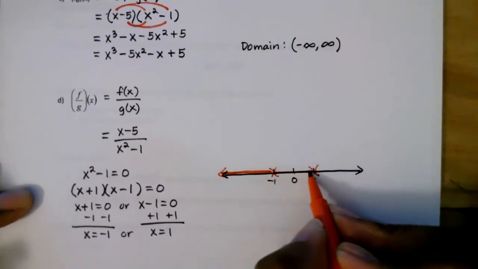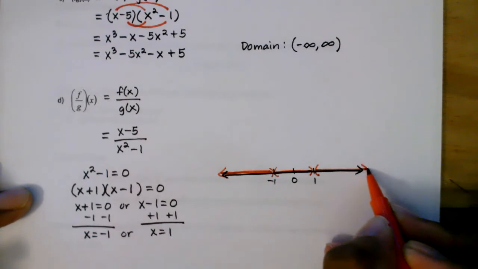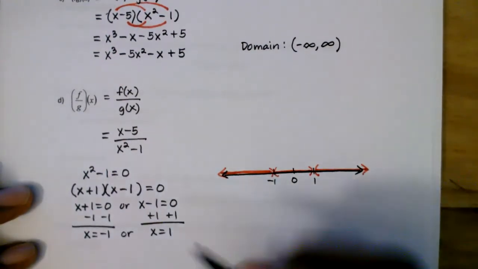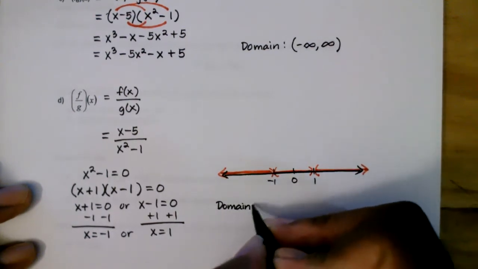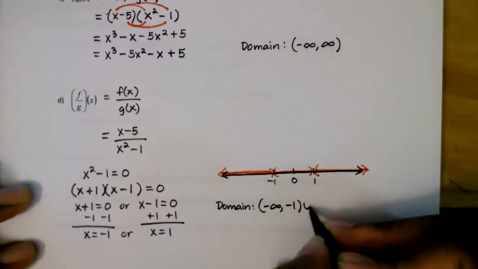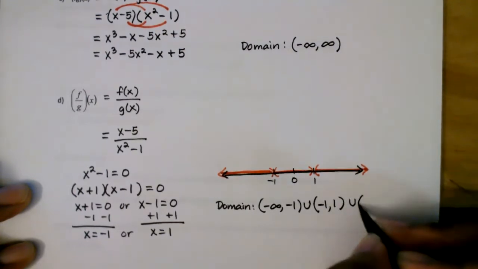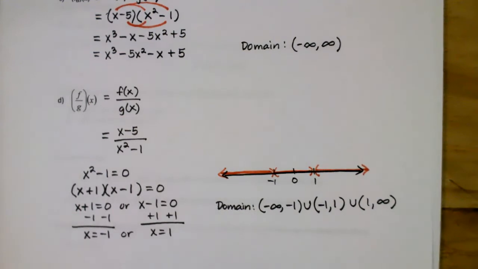Any x value between negative 1 and 1 would work, and any x value bigger than 1 would work. So its domain in interval notation is this: negative infinity up to negative 1, or from negative 1 to 1, or from 1 to infinity.